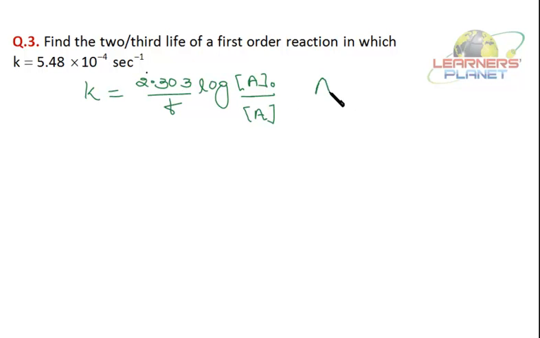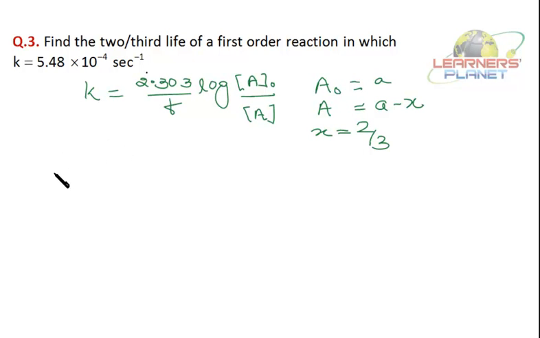It means, let's suppose A0 is equal to a and A is equal to a minus x. Now what is x equal to? X is equal to 2 by 3. That is, the dissociation is 2/3. Right?